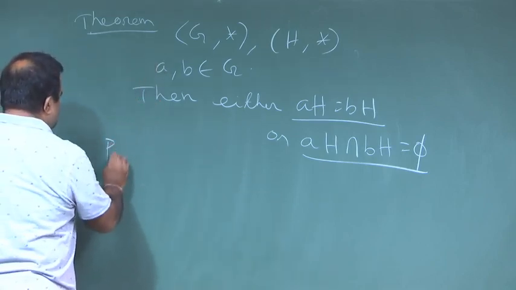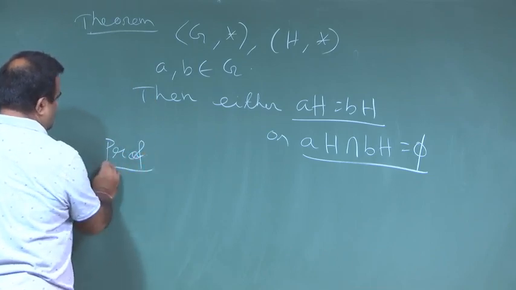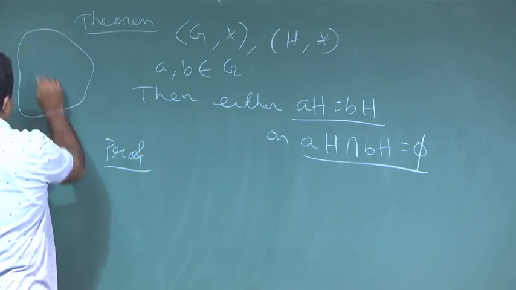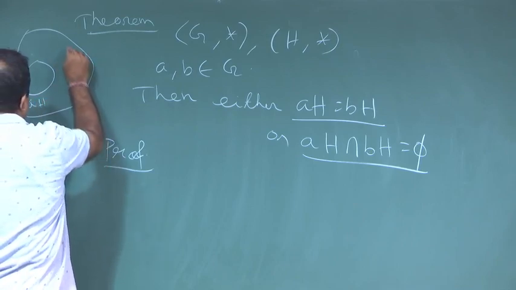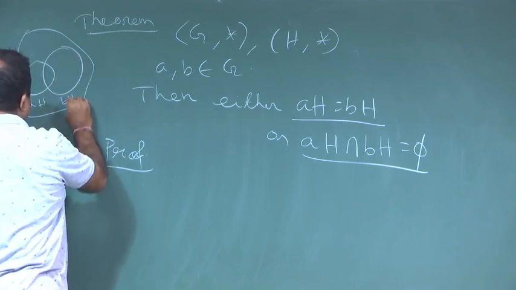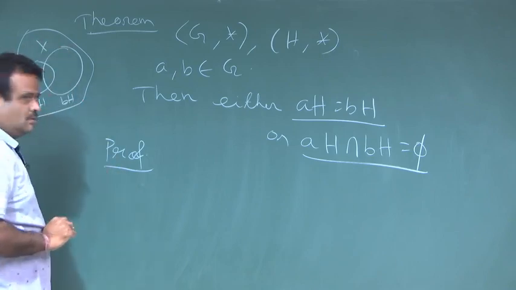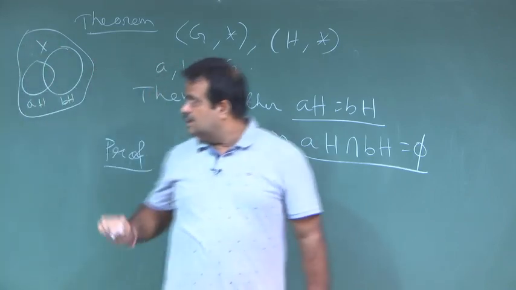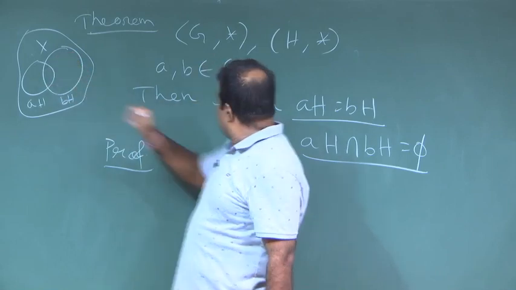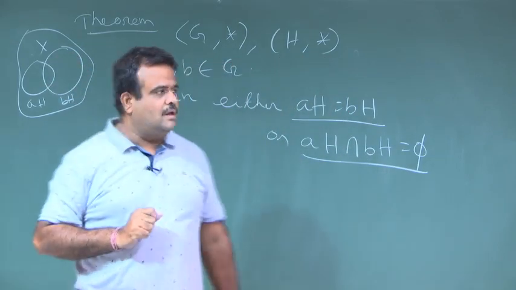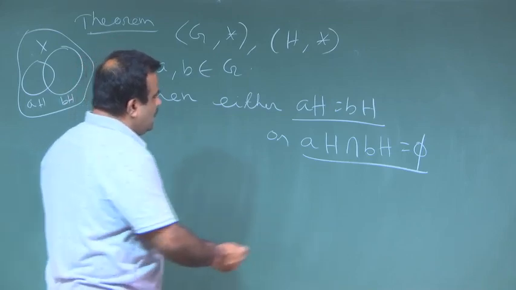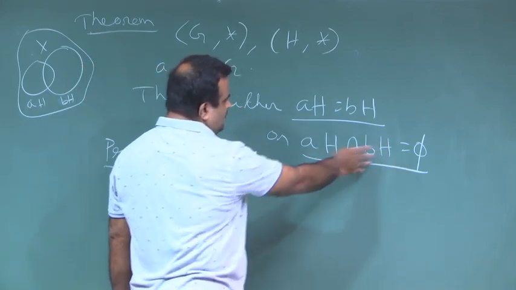Now, how to prove this? We have the set aH and we have bH. We are telling this is not possible; either they are the same or they are disjoint. So, there are two possibilities. If they are disjoint, then fine.